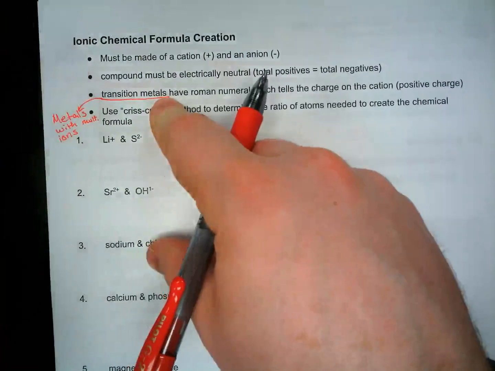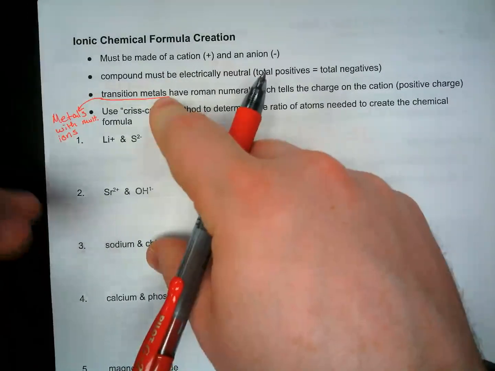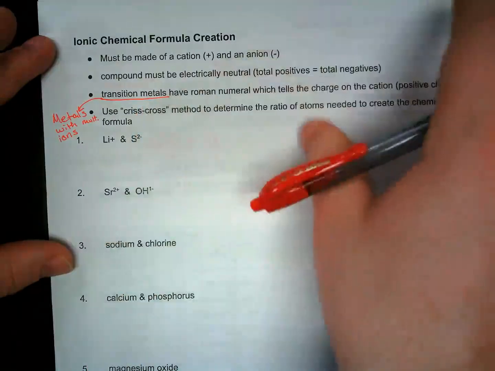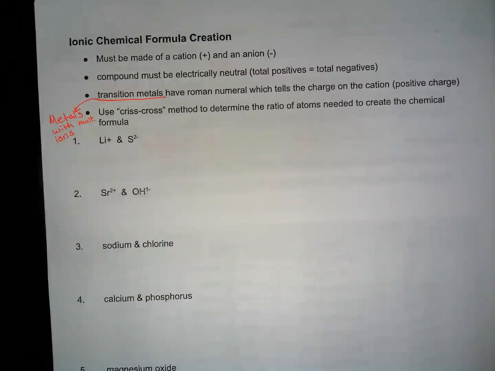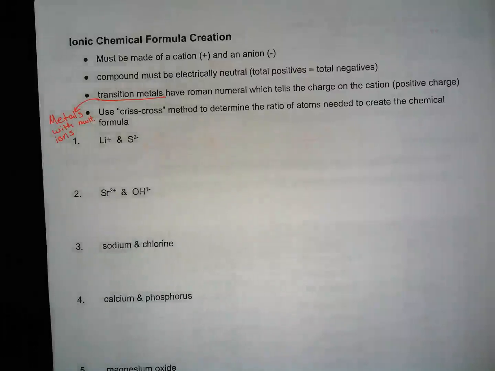That's what we mean by transition metals. I'll have a more complete list for you when we get into the polyatomic materials. You just have to recognize what these transition metals are and what to properly do with them.